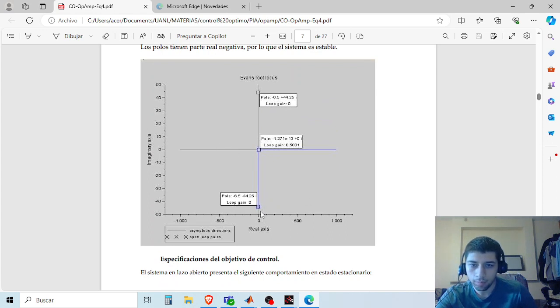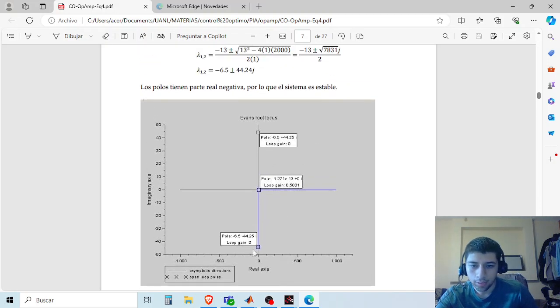It is not clearly visible here because we have some high values, but as you see, the poles are at -6, the two of them, and when they meet we have a gain of 0.5.